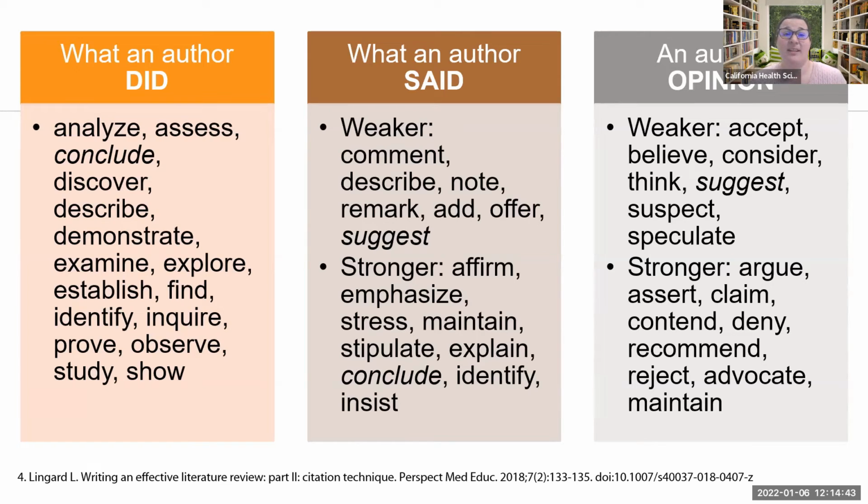Things that they said, well, they described it, they affirmed it, explained. For an opinion, well, they suggest, they speculate, argue, there's claim again. So the main point is to think about how your reference, not only making sure somebody can get back to it, that it hasn't been retracted, but that it accurately conveys what the author or authors did or wrote in their study.